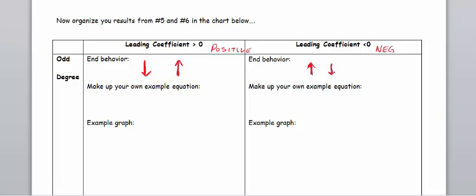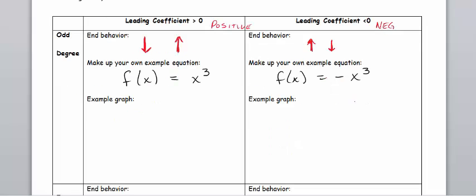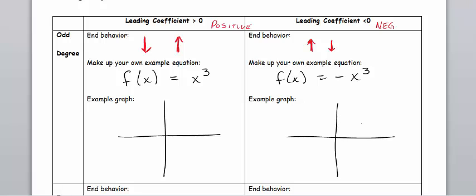Okay, so let's write an equation here that might represent this. The simplest equation would just be f of x equals x cubed. And over here, f of x could equal negative x cubed. Very, very simple. So these two graphs are just going to make a little zigzag.